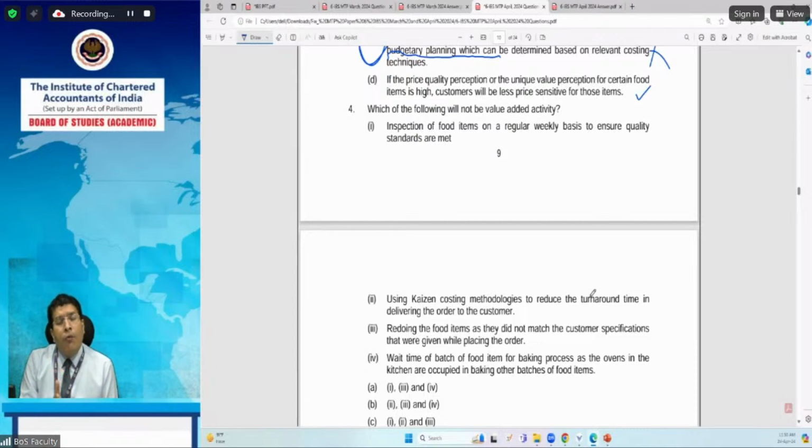Inspection of food items is an essential activity, but it does not create value for the customer.